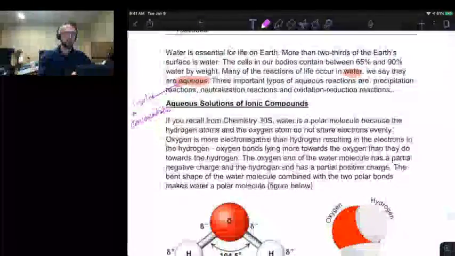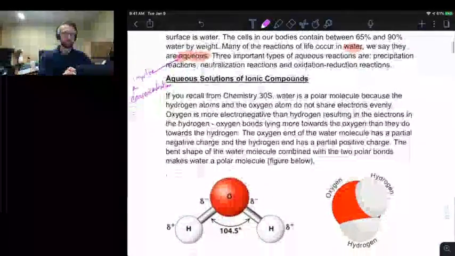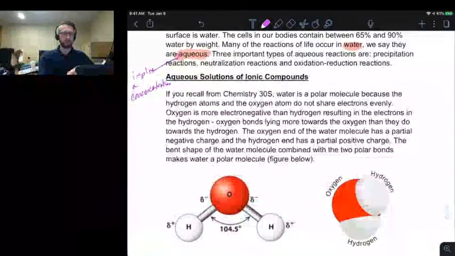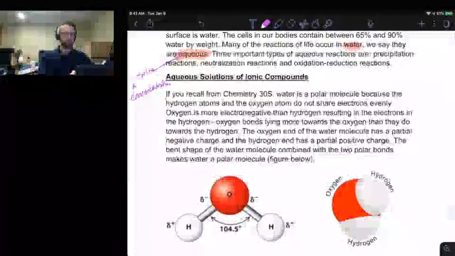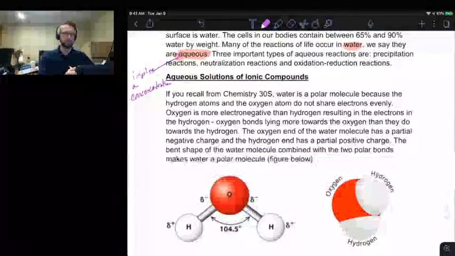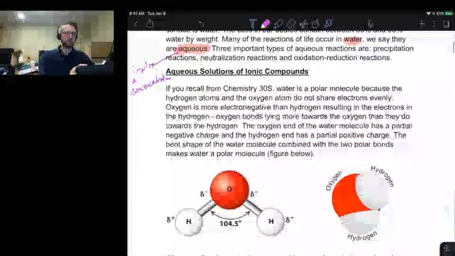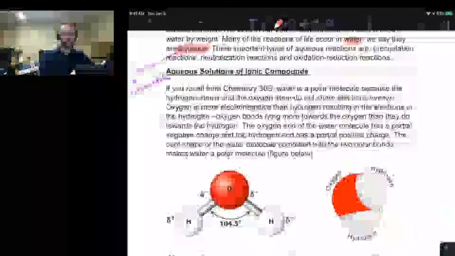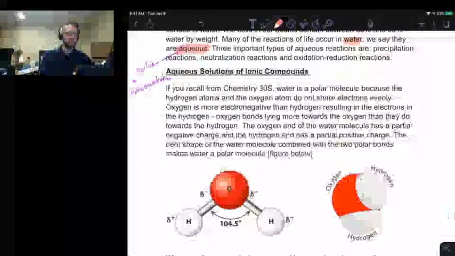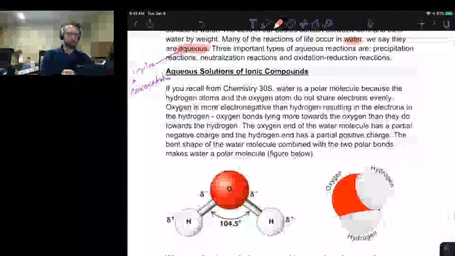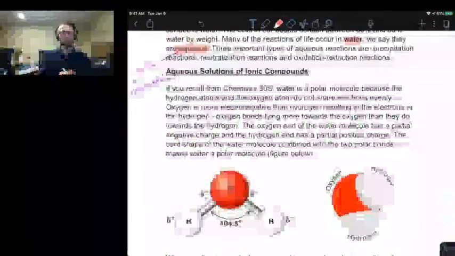So if you recall, water is a polar molecule because the hydrogen atoms and the oxygen atoms do not share the electrons evenly. The oxygen is more electronegative than the hydrogen, resulting in electrons in the hydrogen and oxygen bonds lying more towards the oxygen than they do towards the hydrogen. And we looked at this again when we discussed the electron density and electronegativity. So oxygen, I believe, is in like the 3.5s for electronegativity, and hydrogen is like 0.5.